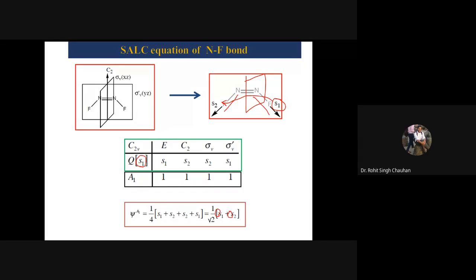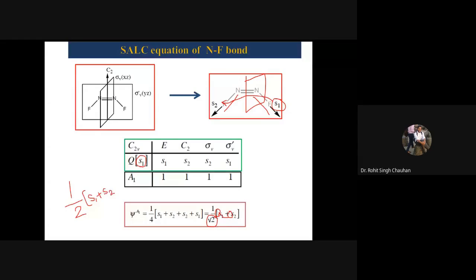So 1 square plus 1 square, so it is root 2. That's why I have mentioned root 2 here. Don't get confused. If you want, you can write it as 1 by 2 S1 and second one is 1 by 2 this one. This much is obtained through projection.